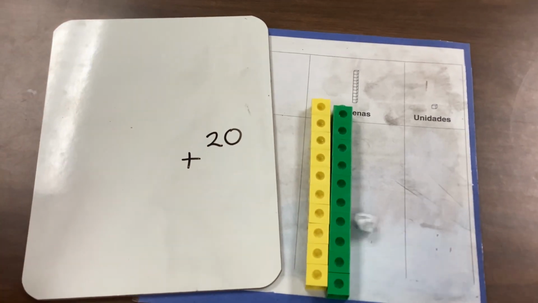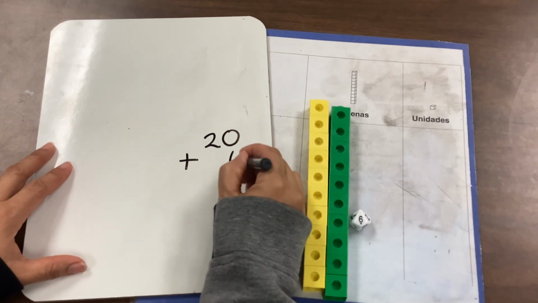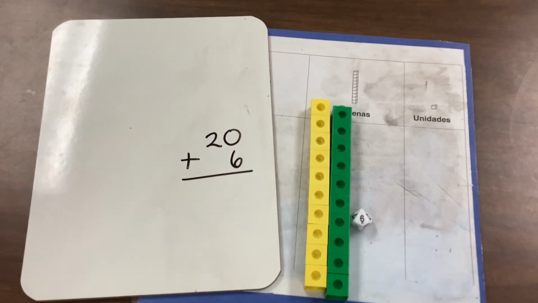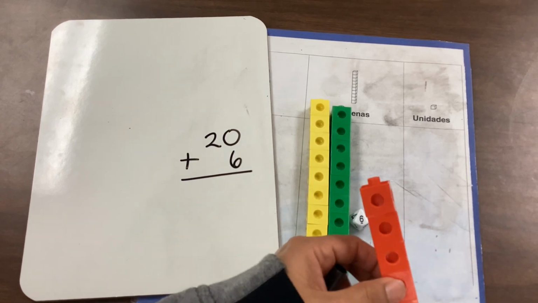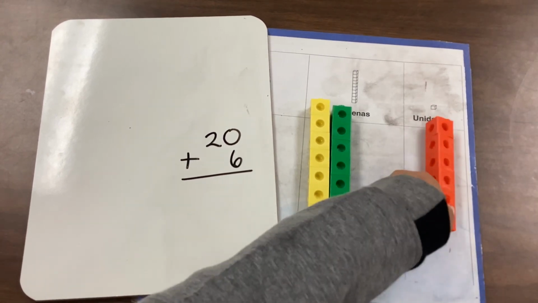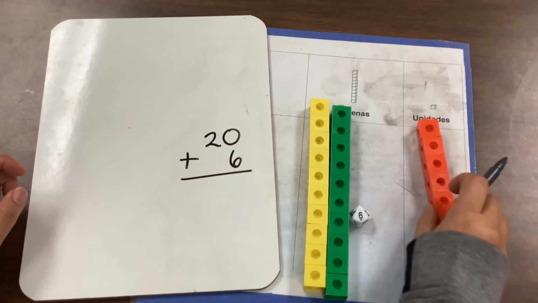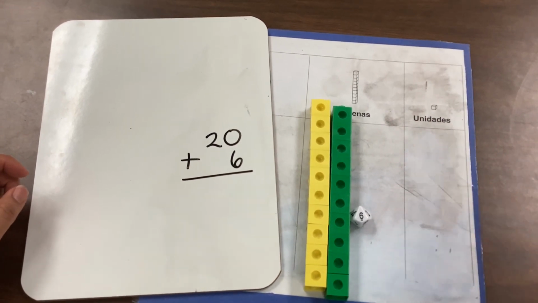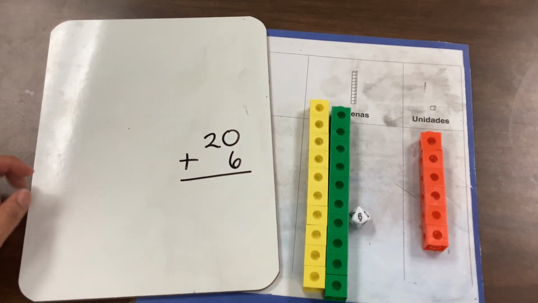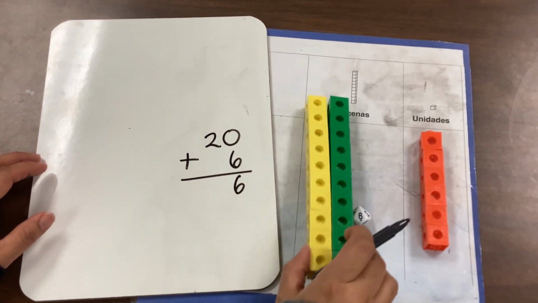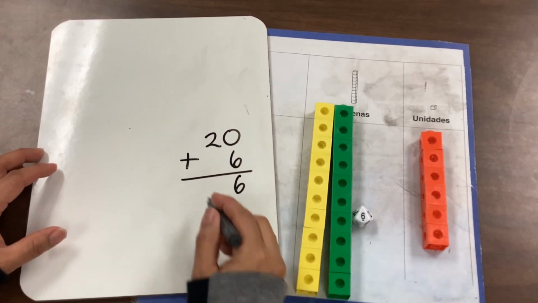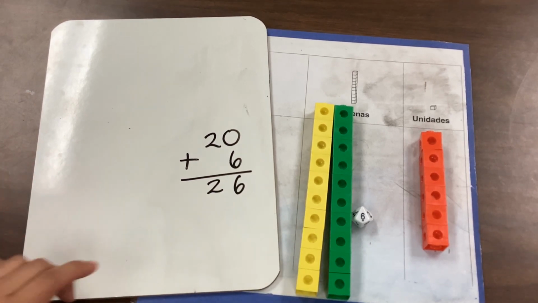And I roll my dice again, and then I have 6. So I choose any other color, 1, 2, 3, 4, 5, 6. So I had 0, and I have 6 now. So 0 plus 6 is 6. And my tens didn't move, so I still have my 2 tens.